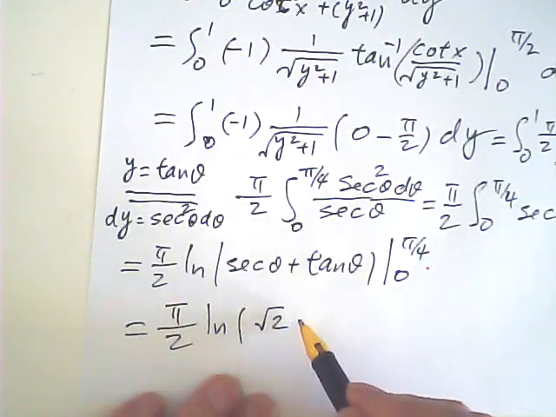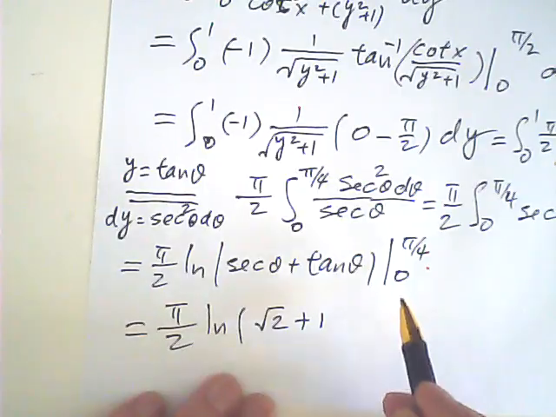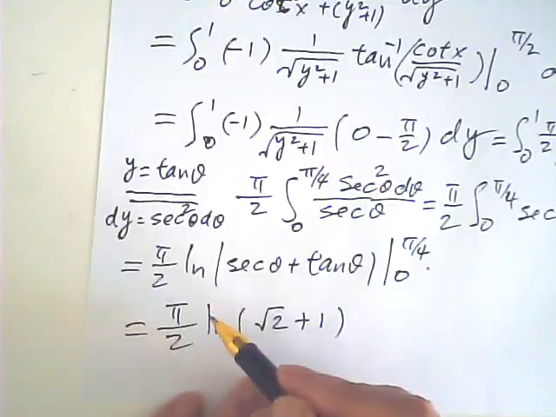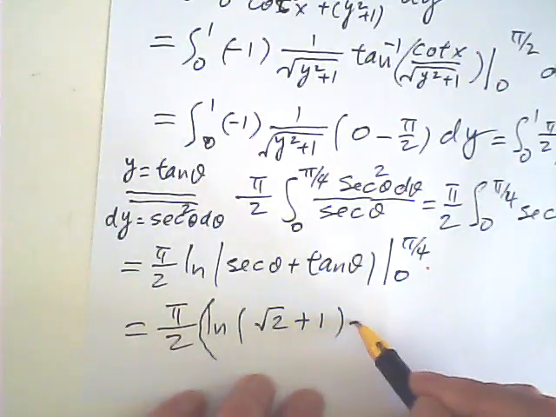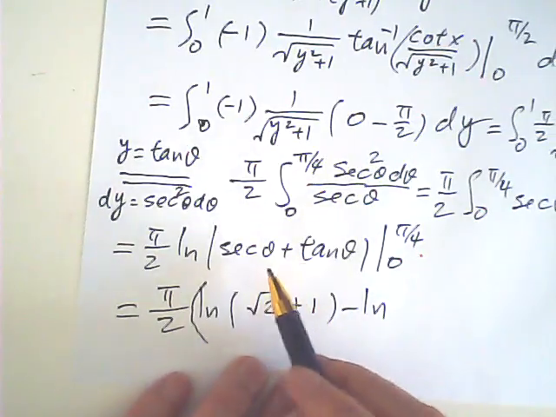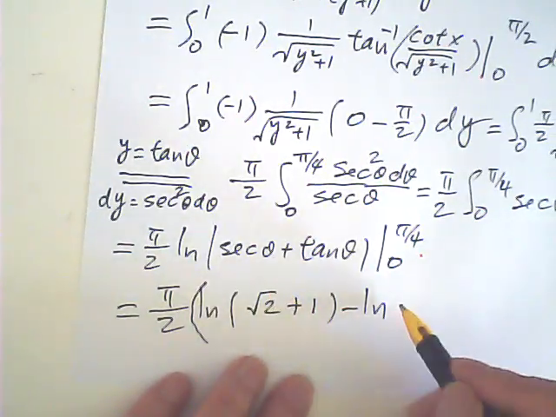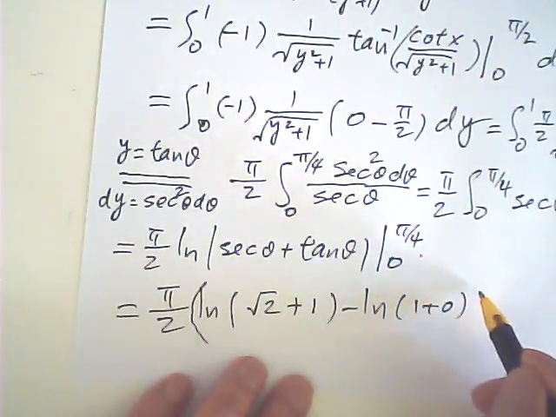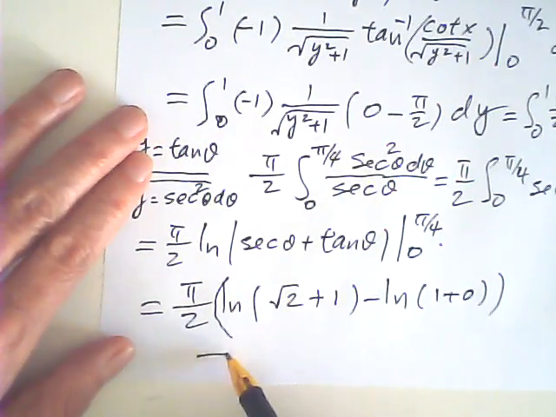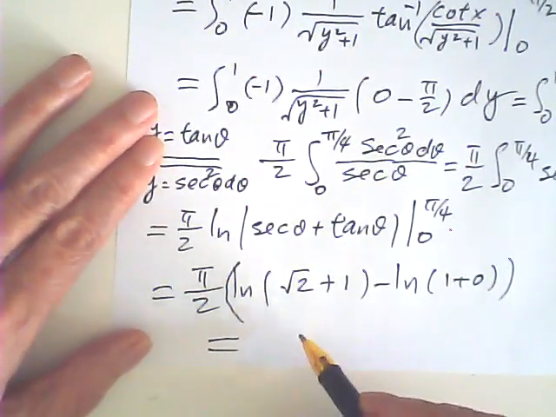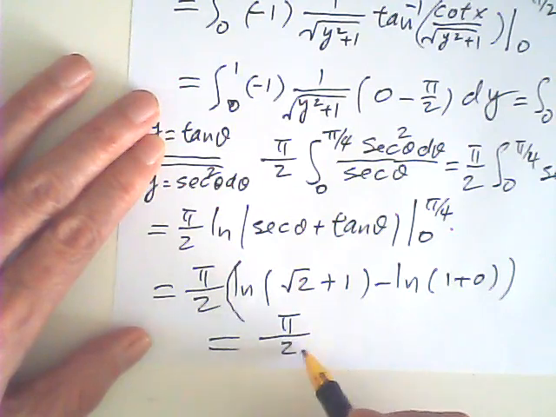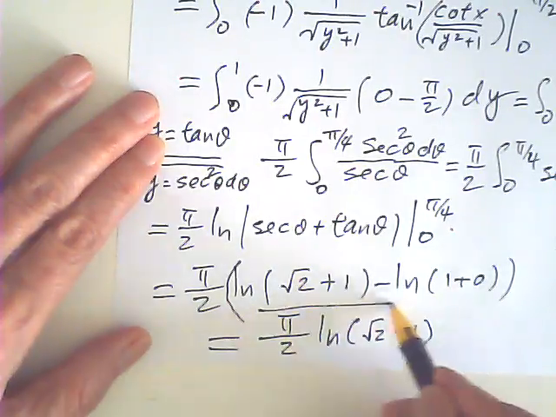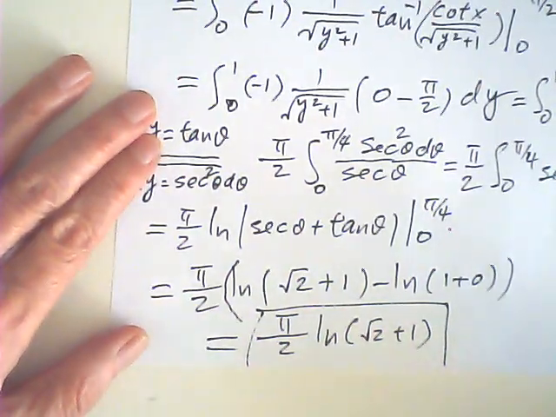And tangent is 1, yeah. Minus log of secant 0, which is 1, and tangent 0 is 0. So this is 0. Finally, this is the answer: half pi log of root 2 plus 1. Okay, good.